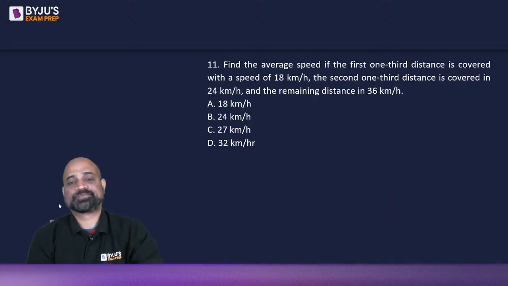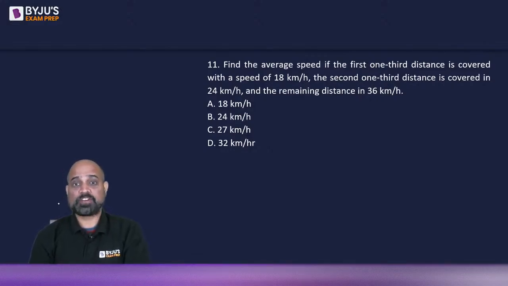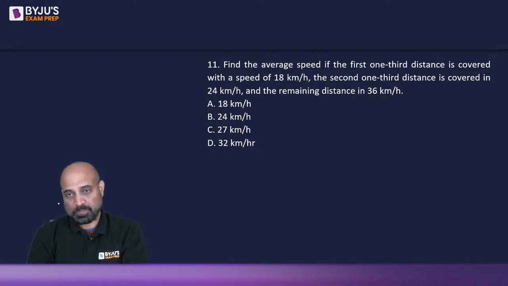Okay, next. Find the average speed if the first 1/3 of the distance is covered with a speed of 18 kilometers per hour, the second 1/3 distance is covered at 24 kilometers per hour, and the remaining distance is covered at 36 kilometers per hour.